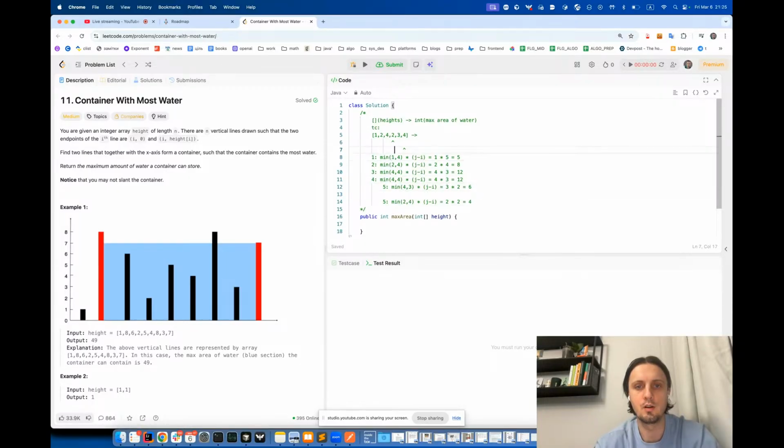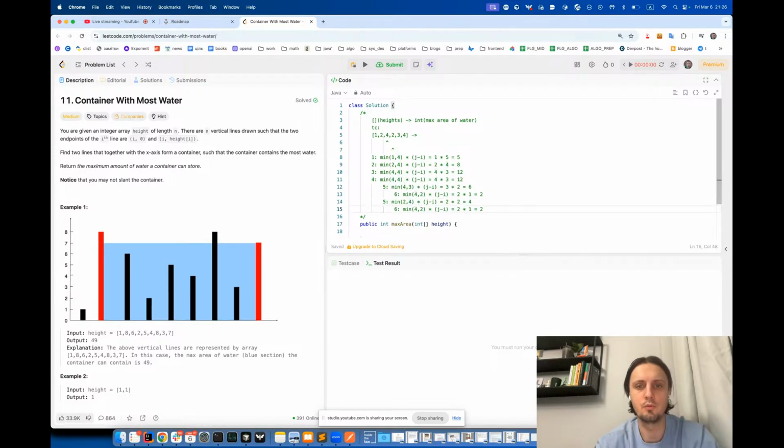If we move here to 3, we can continue moving, and here it would be 2. So this one would be 6 with the minimum between 4 and 2, multiplied by j minus i, and it would be equal to 2 multiplied by 1, so 2.